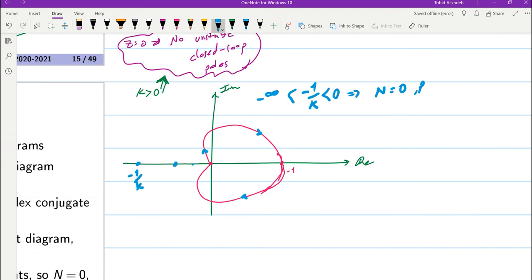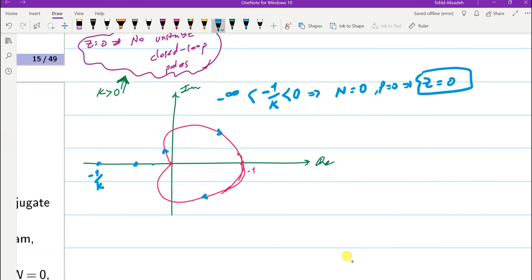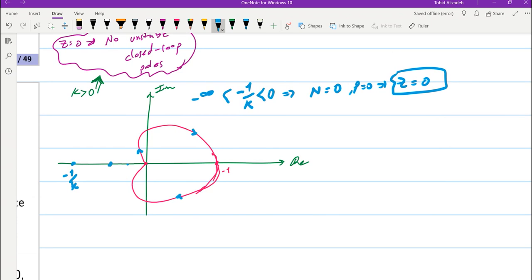And since P is equal to 0, Z will be equal to 0, and our closed loop system will be stable. This is what we have for the positive values of k. If you translate this minus 1 over k between minus infinity and 0, you will get k between 0 and plus infinity. Now, if I move the point minus 1 over k between 0 and 1, we will have one clockwise encirclement.